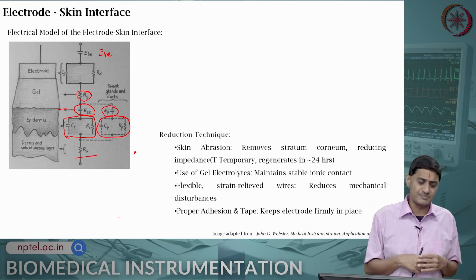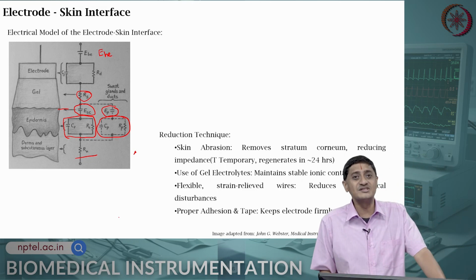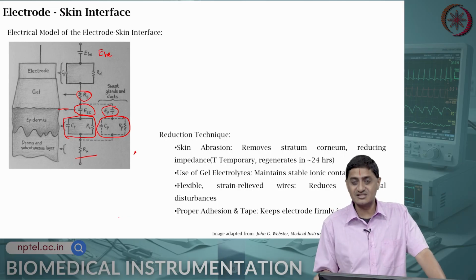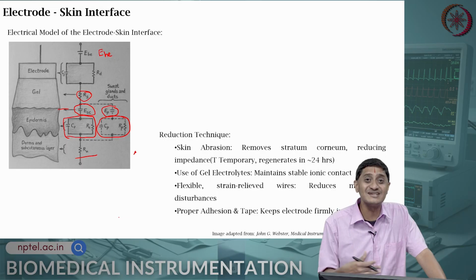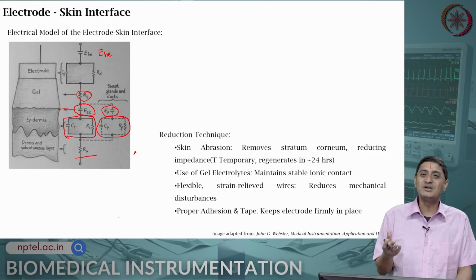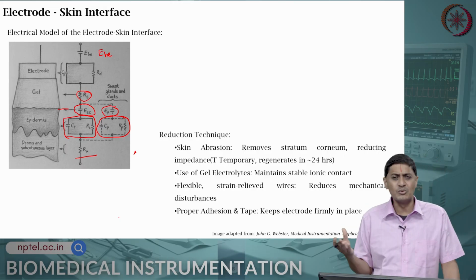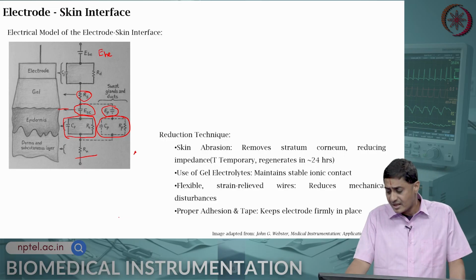And you think that this is a permanent solution, it is not. For short term recording of a few minutes to a few hours, this removal of stratum corneum by abrading works great. But it turns out that this gets regenerated. In a live human, the skin gets regenerated within 24 hours or a little more, depending on the person's age and health.